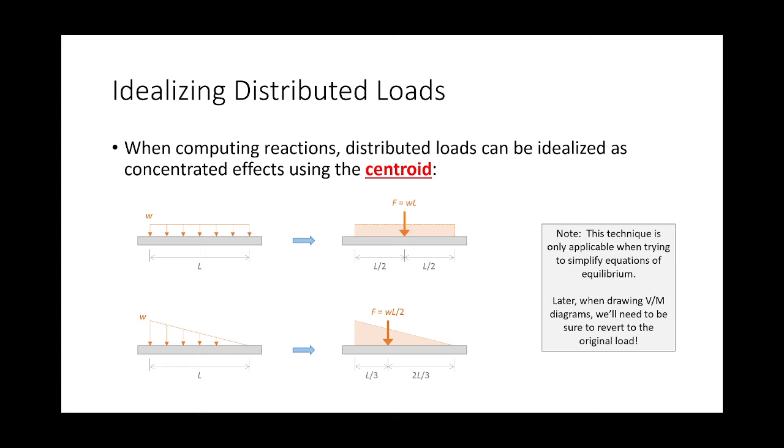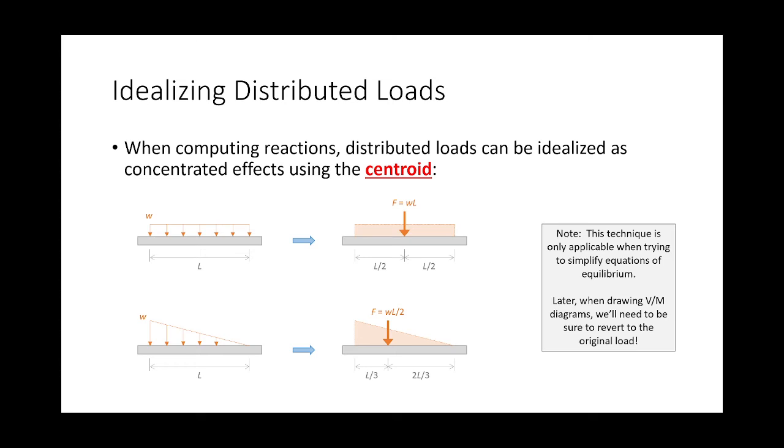Because if you collapse that load into a singular concentrated load at the centroid, it meets both force and moment equilibrium. So for a uniformly distributed load, you can sort of think of that as a rectangle. So the concentrated load would be the area of that rectangle, the magnitude of the load times the length, and then it would act right in the middle. And that's the centroid explanation.